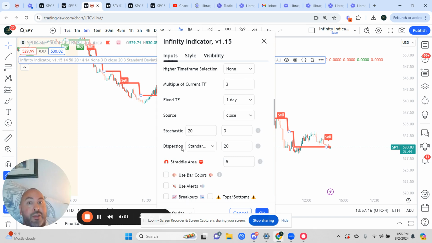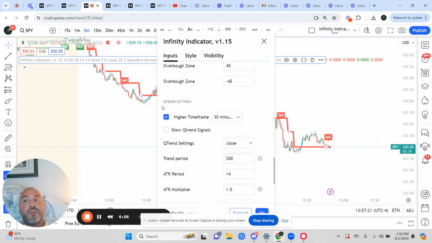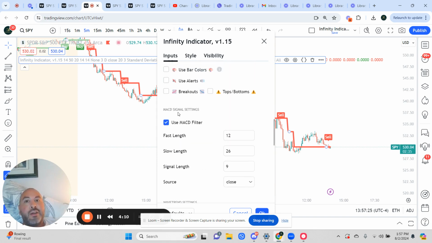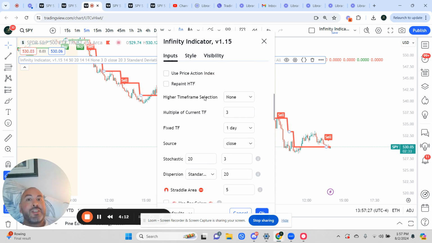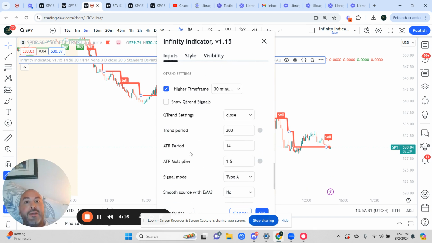Now let's turn this higher time frame off, and remember the higher time frame is under the Q trend settings. That's very important. It's not the higher time frame selection under price action. It is the higher time frame under Q trend settings.